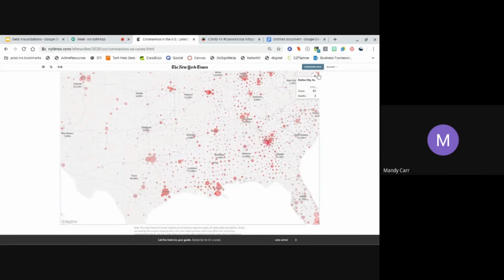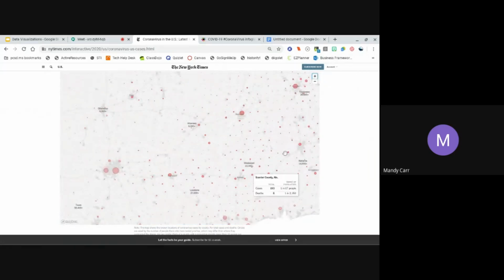y'all can see that our bubbles in Mississippi are a lot smaller compared to all the other bubbles. But if I had to pick a spot in Mississippi that probably had the most cases, it's probably right there in Hinds County, and it says it has 898 total cases.